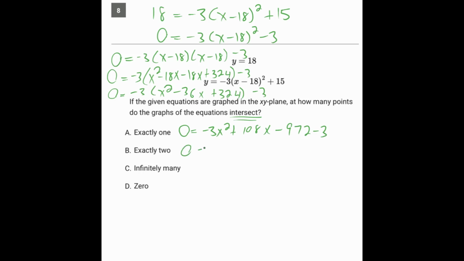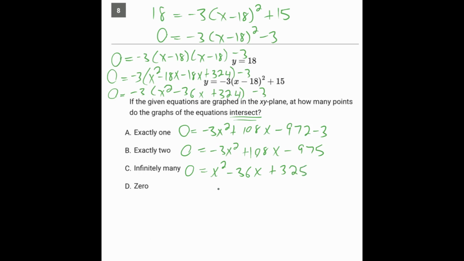So we have negative 3x squared plus 108x minus 975. Now we can divide everything by negative 3 to simplify it, and we'll get x squared minus 36x plus 325.